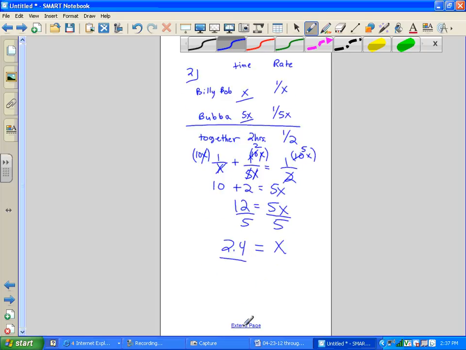So I would have to say 2.4 times 5 to get Bubba's time there. So let's see, 2.4 times 5, 4 times 5 is 20, carry my 2, so that would be 12.0. So it's going to take Bubba 12 hours. Poor Bubba, he didn't have a sprayer.